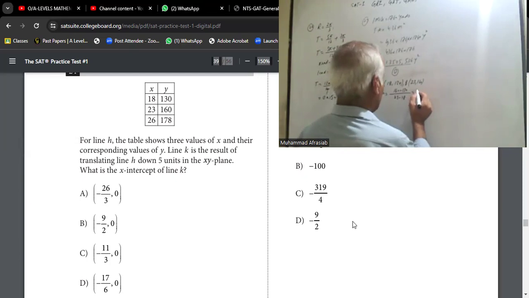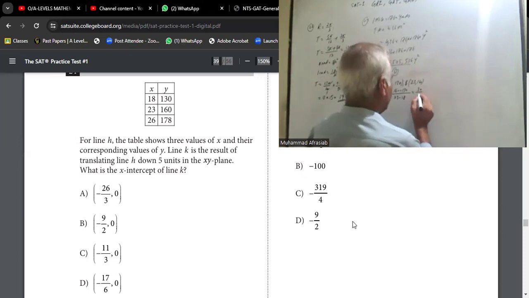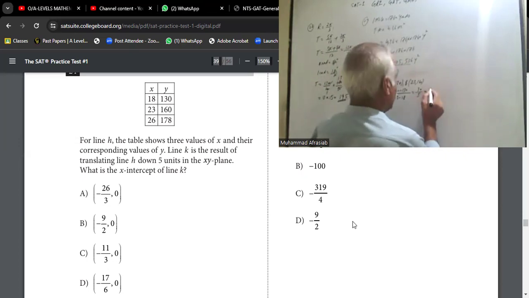This is equal to 30 over 5. So that should be equal to 6, which is the slope of this line.